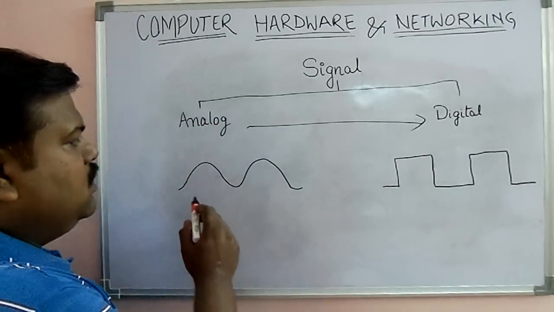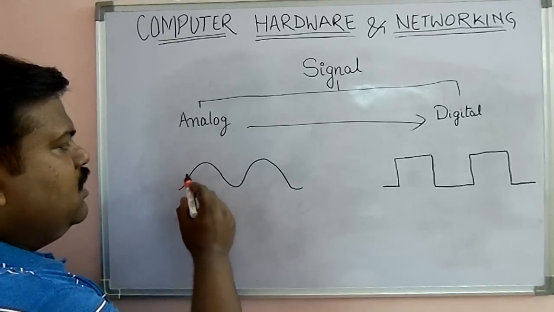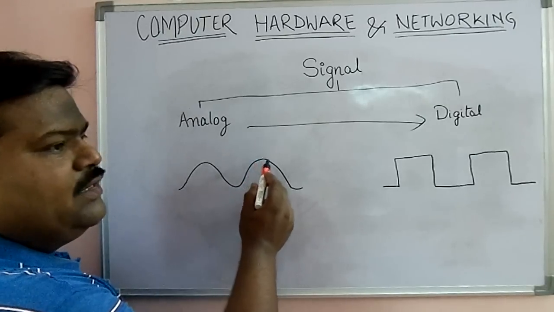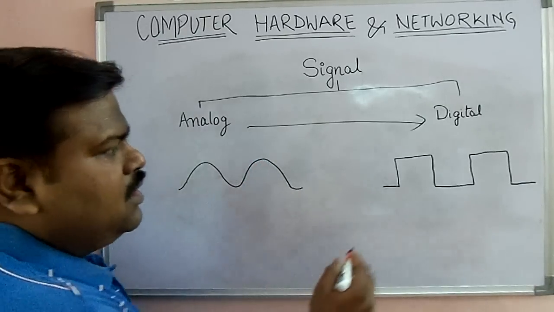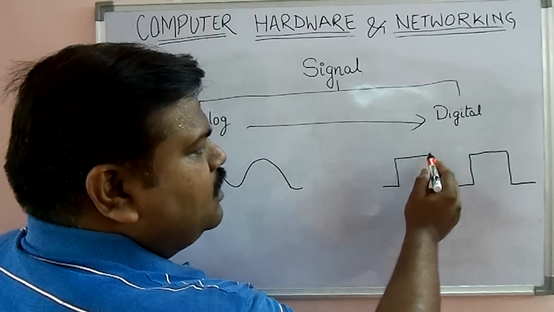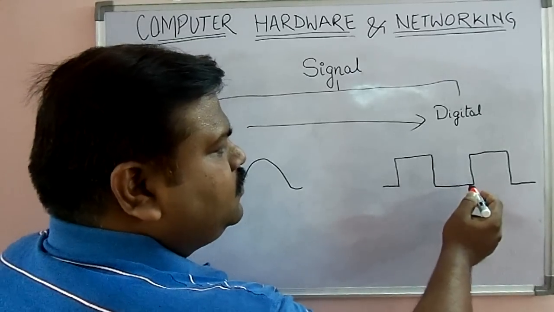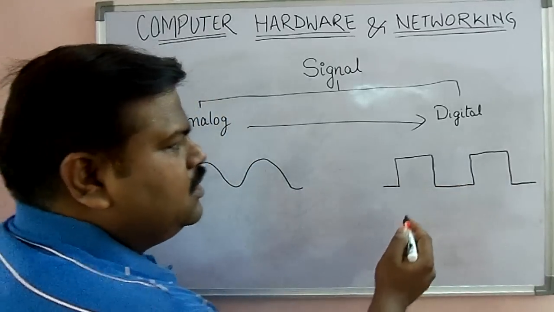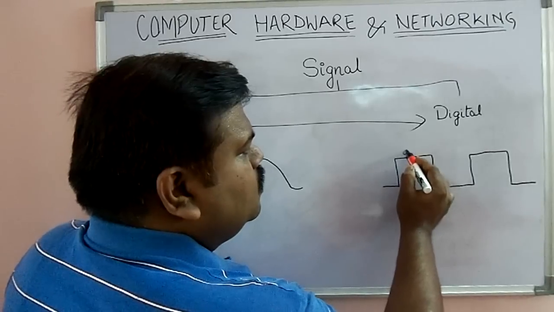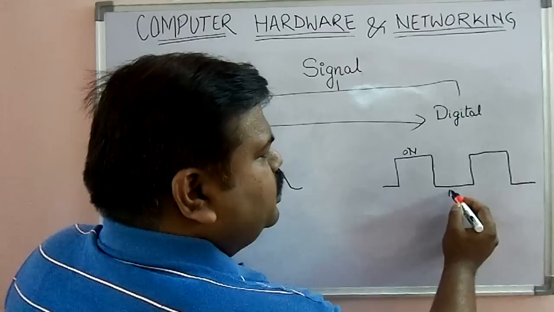In analog, the signal is like this. It means it gradually increases and gradually decreases. But in case of digital, it randomly increases and randomly decreases. It means this position is the on position and this position is the off position.